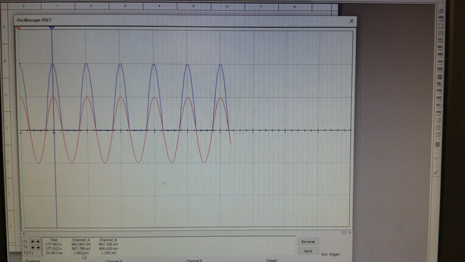What we need to do is take a look at the input sine wave, which is in red, and see what the voltage is. Our input sine wave is at 998 millivolts, so basically 1 volt. So that's what you would put into table 2 for step 9: 1 volt.